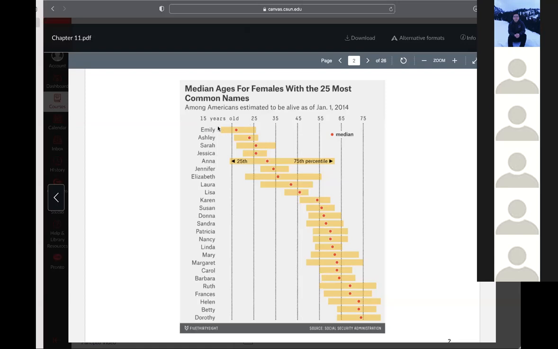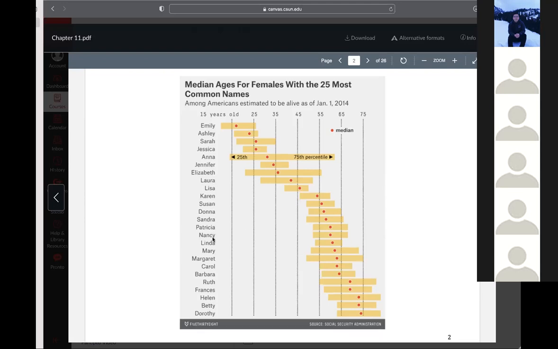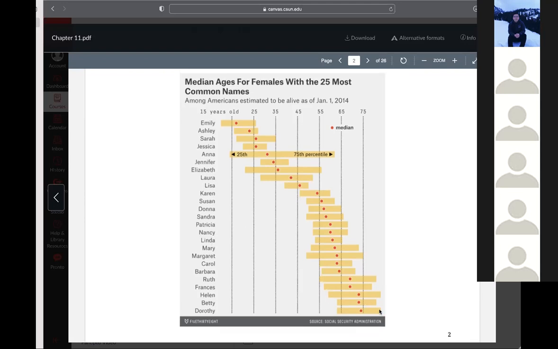Does anyone have a kid with any of these names or is planning on having a kid with any of these names one day? No. No Dorothys or Francis's? No. Dorothy could have been because of the Wizard of Oz. Well, yes, but that would have been the old days. 100%, could very well have been. Betty White's, I don't know.